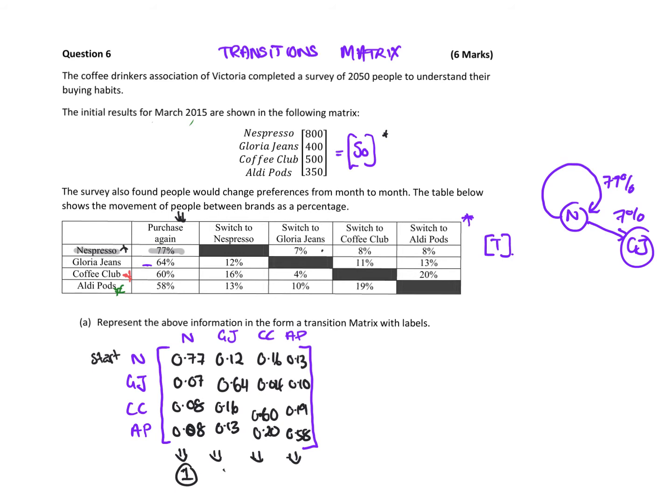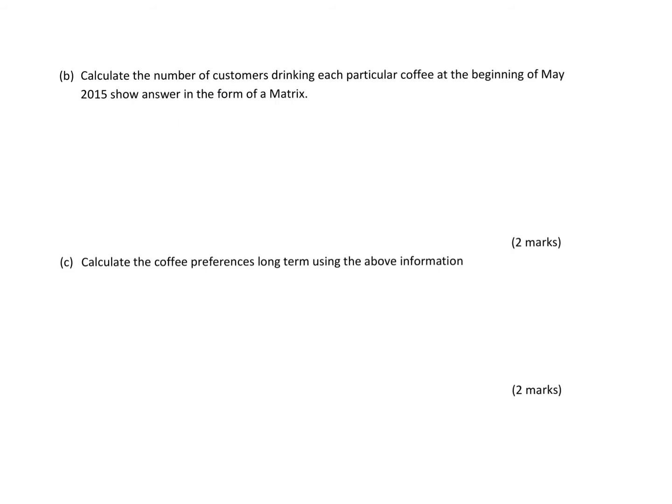We've got S0 here, which was the beginning of March, so just remember S0 is March. We type that in, which was 800. We are asked about May. If you think March, April, May, that's 0, 1, 2, so May would be state 2.